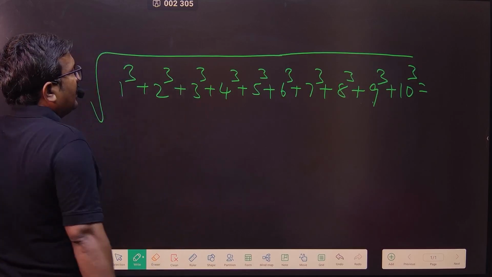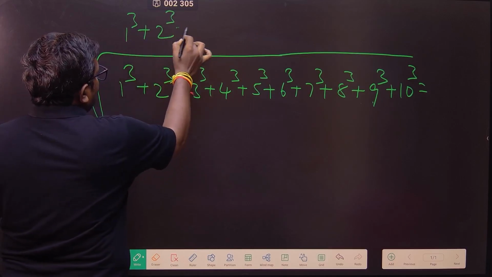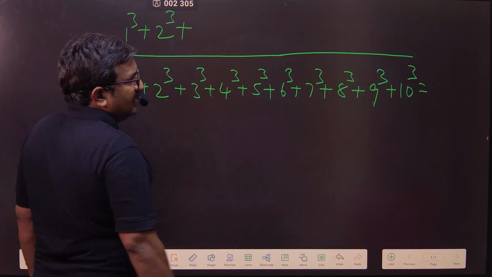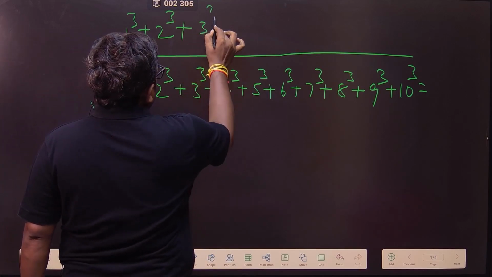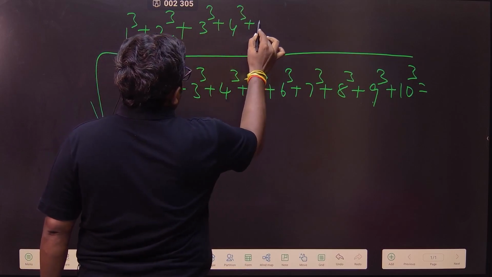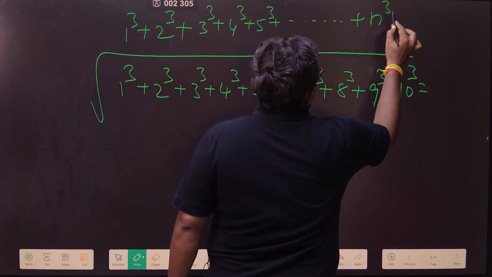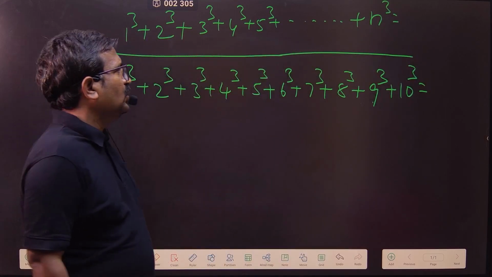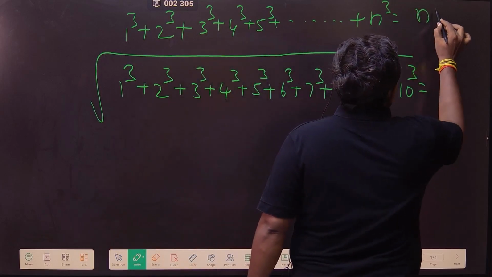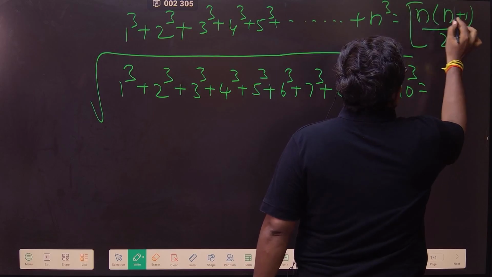To find the sum of first n cubic natural numbers, 1 cube plus 2 cube plus 3 cube plus 4 cube plus so on till n cube equal to n into n plus 1 by 2 whole square.